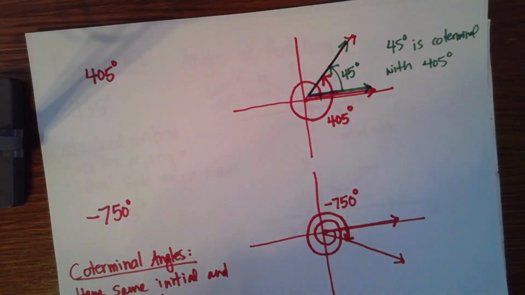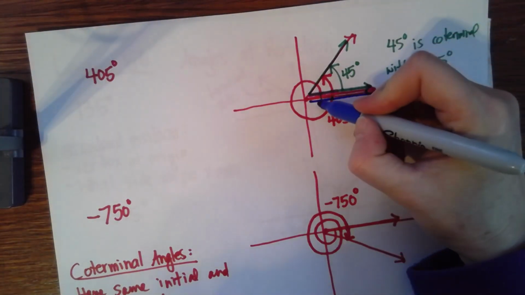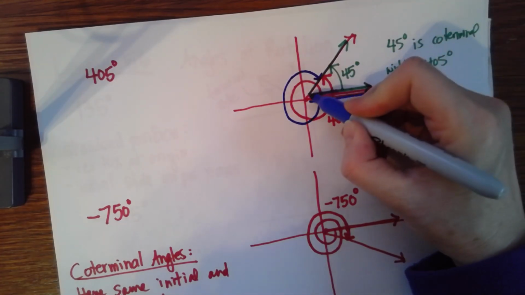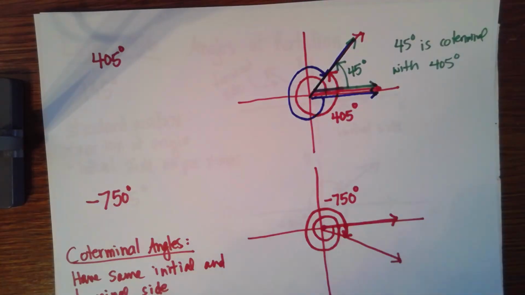Or maybe I could do something else. Maybe I could put my initial side here, and then I could rotate backwards this direction, and then put my terminal side here. Again, same initial side, same terminal side. But what's that angle?